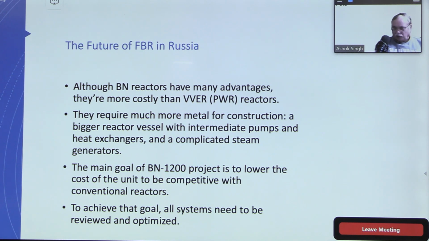Russia has launched something called the BN 1200 project to try to improve the performance of these fast reactors to make them more competitive with conventional reactors. But they have not made much progress till now. Even the Russians are not thinking in terms of commercial use of these fast breeder reactors.